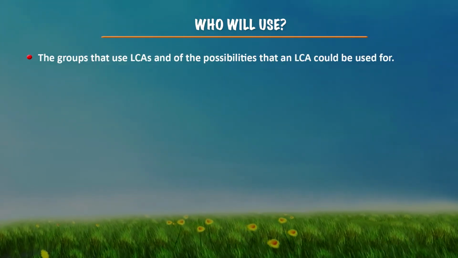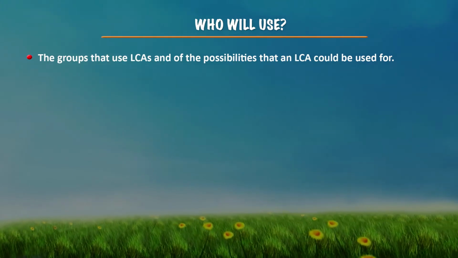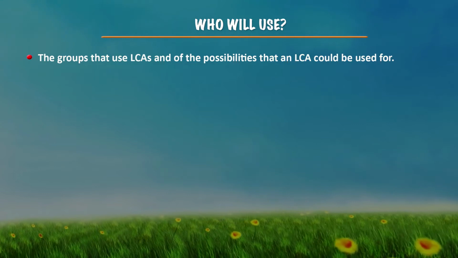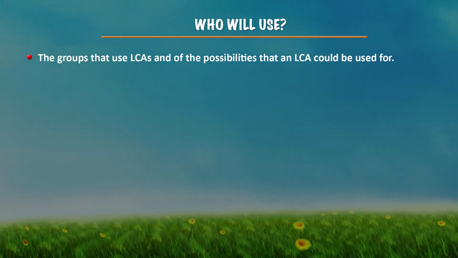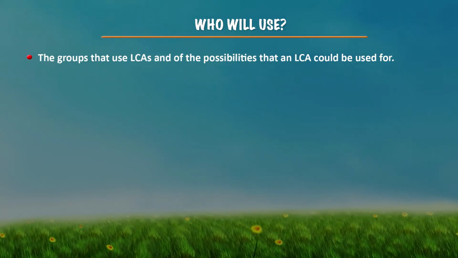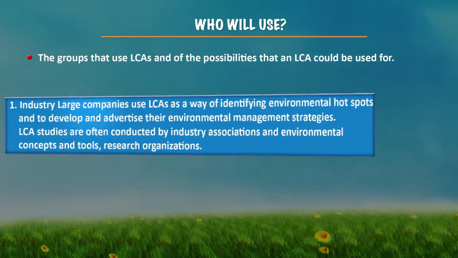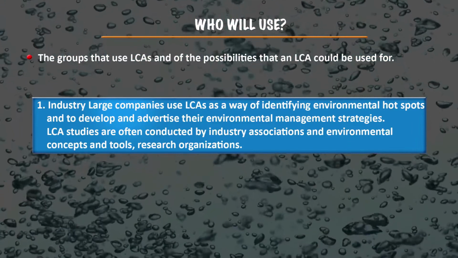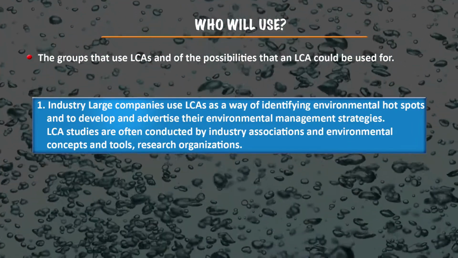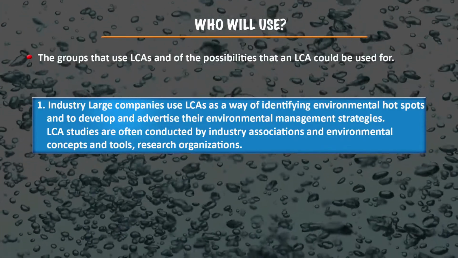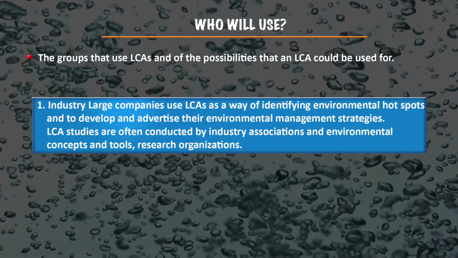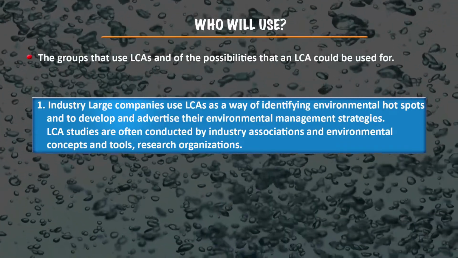Life cycle assessment is mainly used by industries. Industries or large companies use it as a way of identifying environmental hotspots or environmental gaps, and to develop and advertise their environmental management strategies.